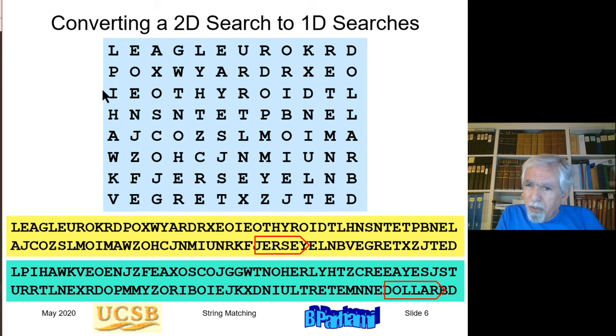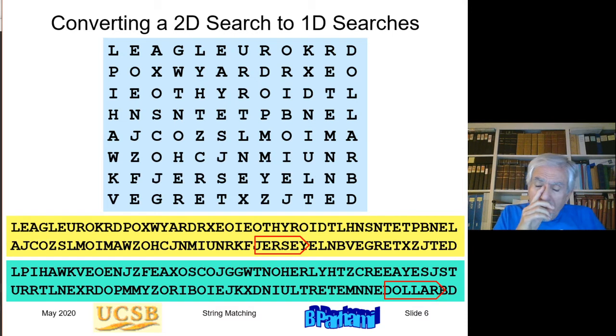And then the fourth version will go L, E, P, A, O, I, G, X, E, H, L, W, O, N, A, and so on. So these four one-dimensional puzzles are equivalent to the original 2D puzzle. Okay, not quite equivalent. There's a subtle point that I'll discuss in a minute.